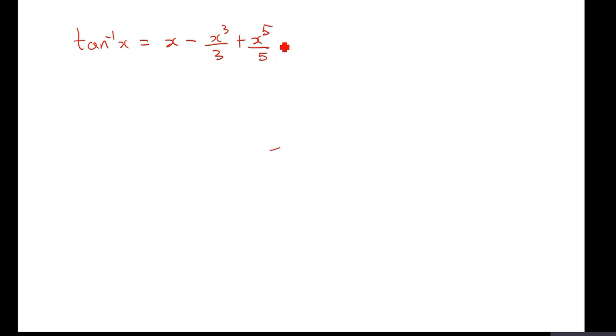Simplifying there, I obtain my final answer: arctangent of x is equal to x minus x cubed over 3 plus x to the power 5 over 5 minus x to the power 7 over 7, and so on. There's the pattern established.